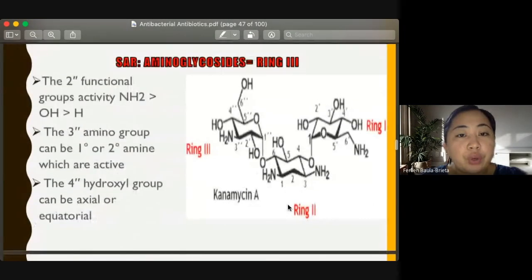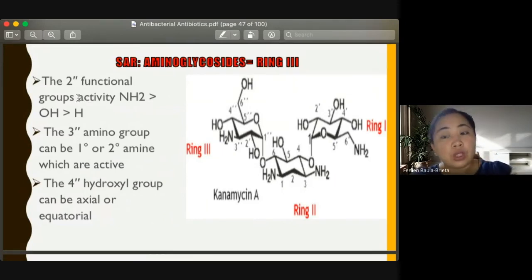Okay, now for ring 3, another thing that we have added here, though it is mentioned kanina that it's resistant to structural modification, but still, it's not impossible to add something on the ring 3. So the two functional groups activity, we can add amino, hydroxy, and hydrogen.